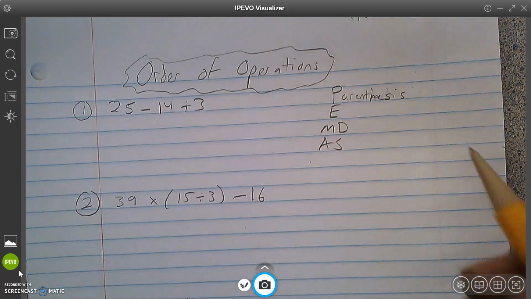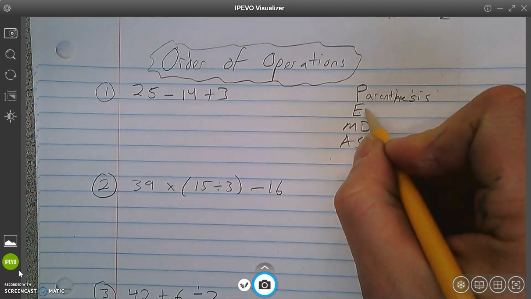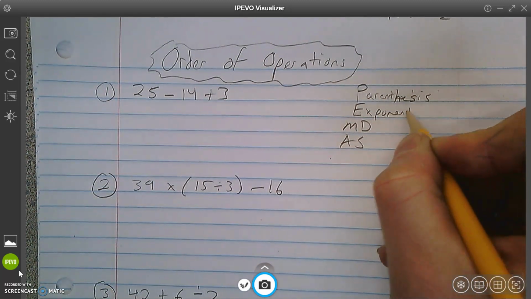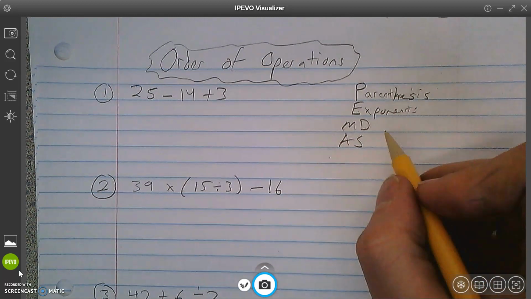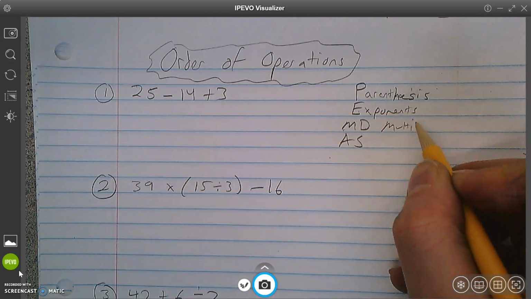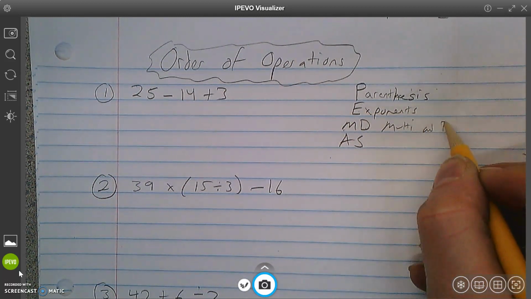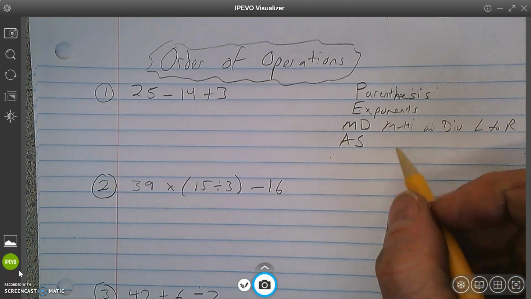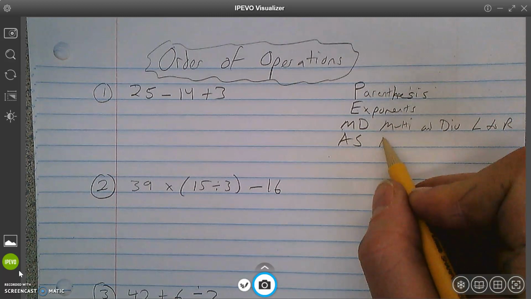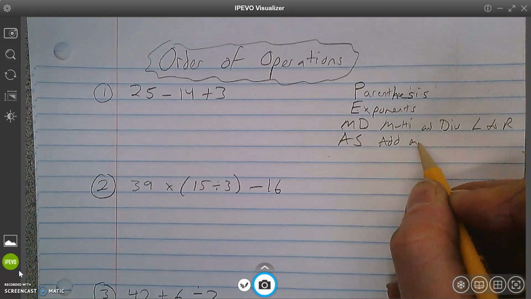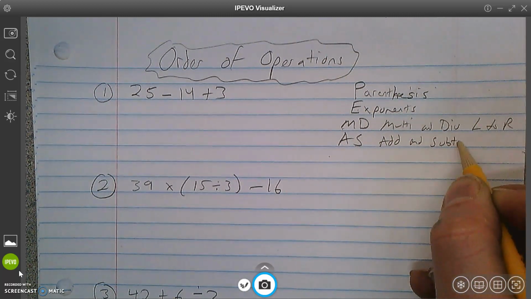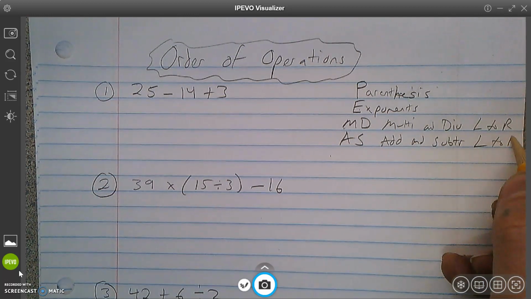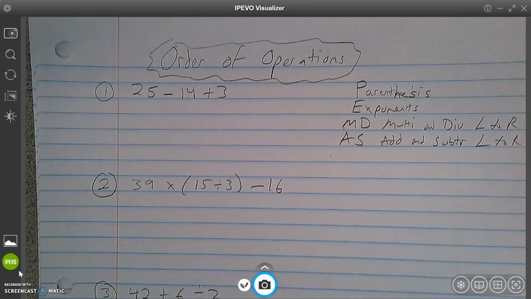All right, so E is for exponents. Oh, MD, that's multiplication and division left to right. A and S, addition and subtraction left to right also.